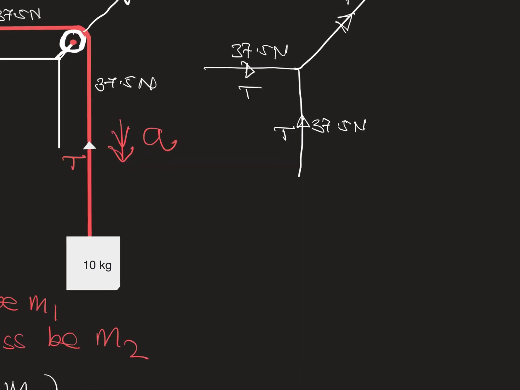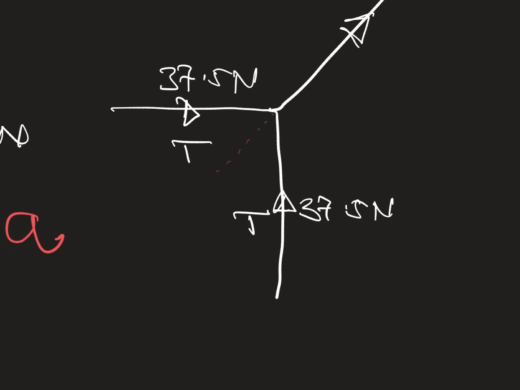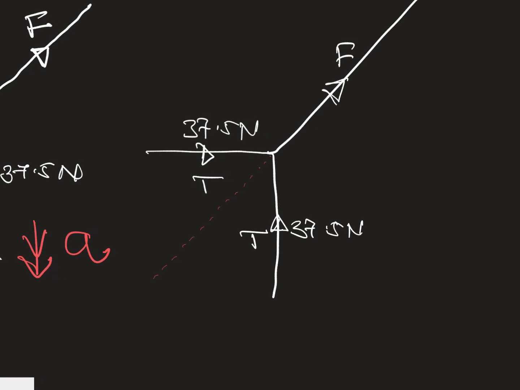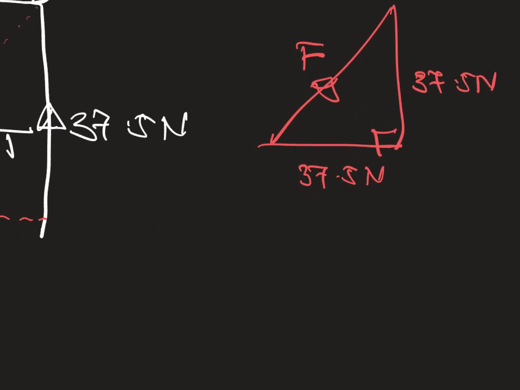We can close this as a triangle by bringing F like this and using the T here parallel to the line T here. So the triangle is going to look like this. You have 37.5 newtons, 37.5 newtons, and you have F. Whenever you have something like this, Pythagoras theorem should come to your mind.